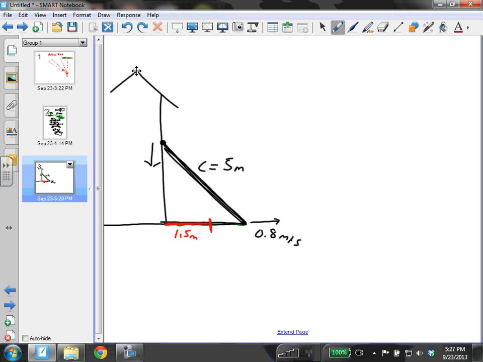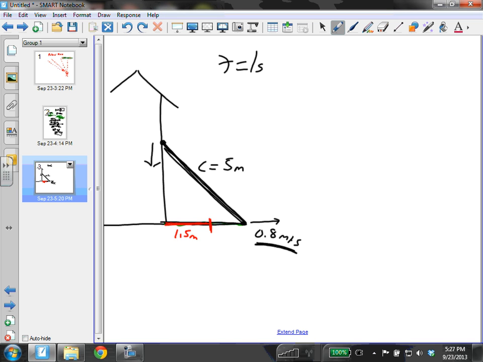We need to know how far the ladder is from the wall at time t equals 1. Well, if it started off at 1.5 meters from the wall and it's moving at 0.8 meters per second, and we're asking what is happening at time t equals 1 second, then that means that 1 second has elapsed from when the ladder was 1.5 meters from the wall.